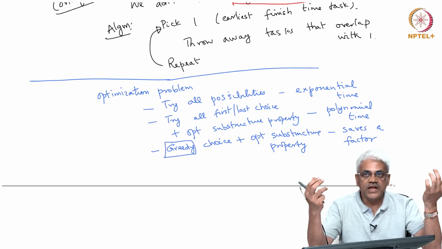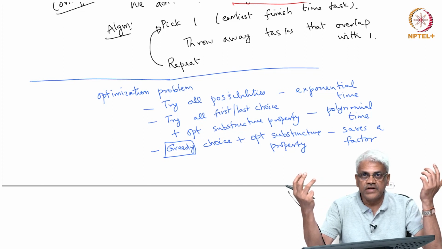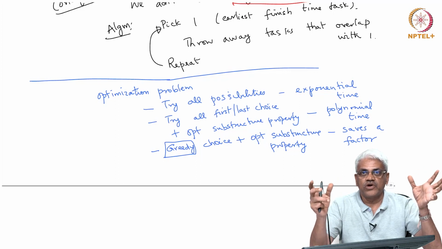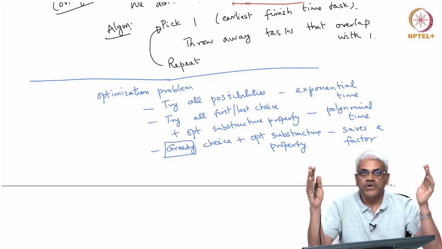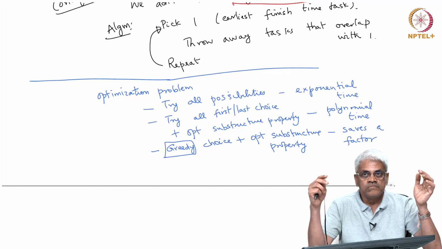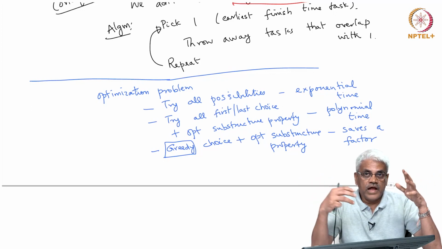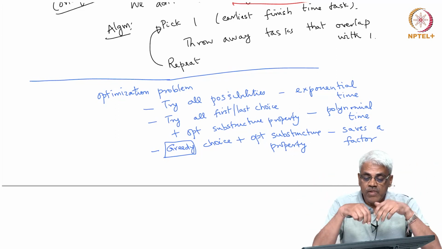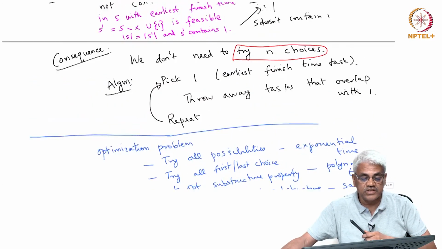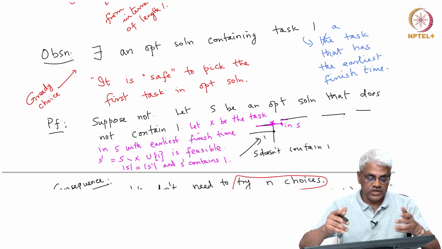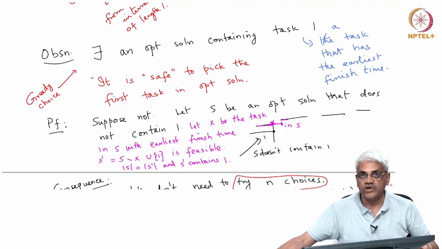Now, what is a greedy choice? There is no single definition for it. In this case of the scheduling problem, the greedy choice happens to be the job that finished the earliest, right? And any greedy choice may not work, because we need to prove that there exists an optimum solution that contains your greedy choice, and we proved it, and that's how that greedy choice works, right?